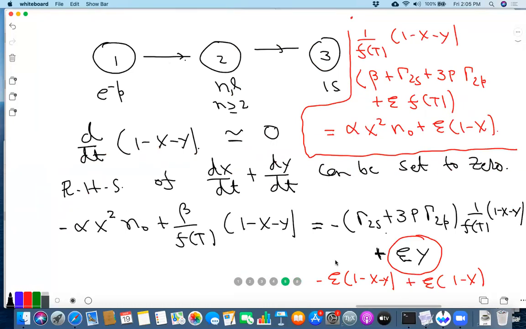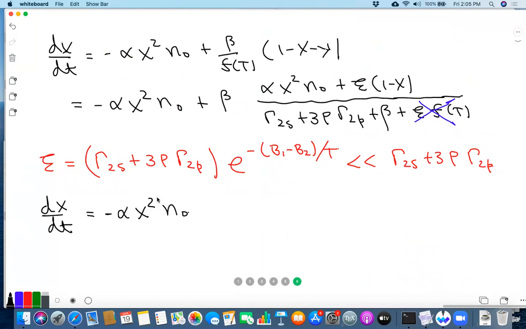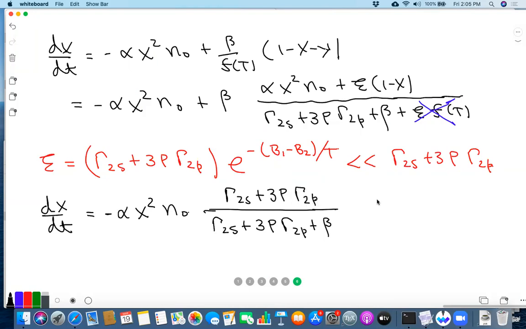Yeah, alpha x squared n naught plus e times (1 minus x). So here in the denominator, you have gamma 2s plus 3p gamma 2p plus beta. And in the numerator, we have gamma 2s plus 3p gamma 2p, right?